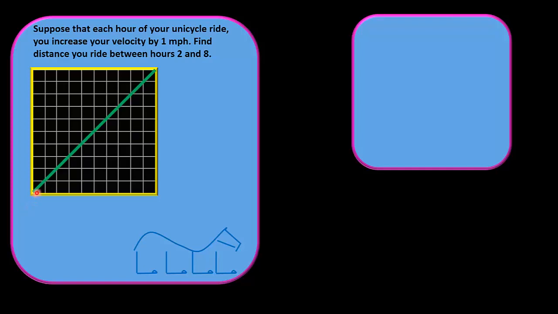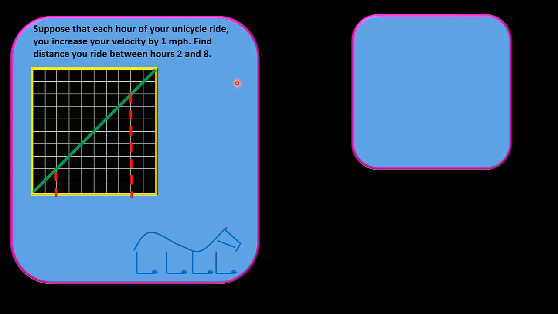Each hour, your velocity is increasing by 1. That corresponds to a slope of 1. See these little slopes of 1 here. So this is a graph of your velocity. You have time, velocity, and we want this between hour 2 and 8.